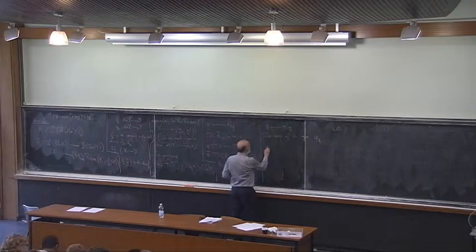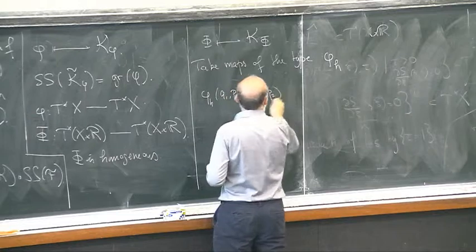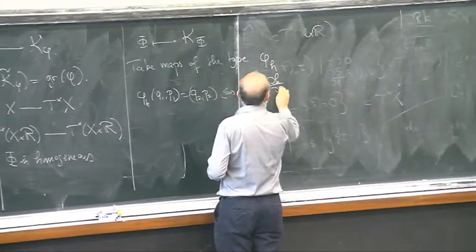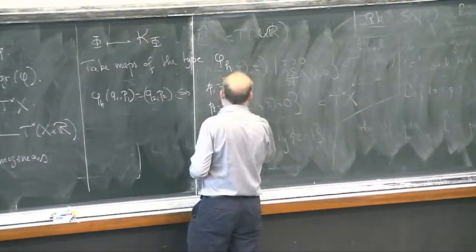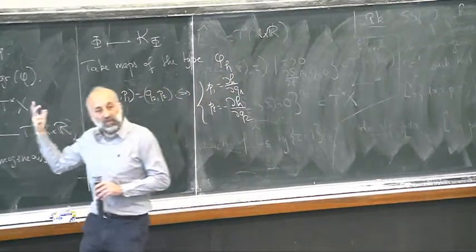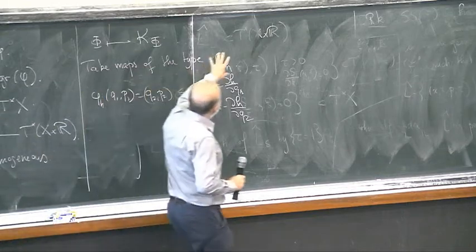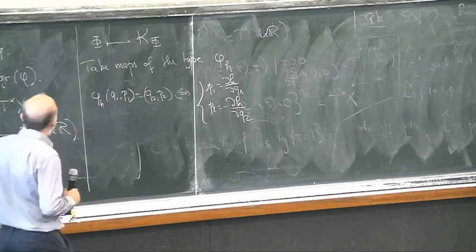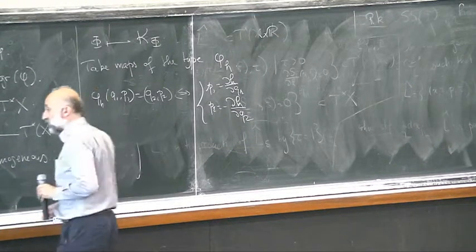Well, remember that phi_H of (Q1, P1) is (Q2, P2), meant that P1 is dH over dQ1, and P2 is minus dH over dQ2. So this sort of twist map. So if I can quantize phi_H, this is good enough because then I use the calculus of kernels and use the composition, and then I'm going to be able to quantize whatever I want.